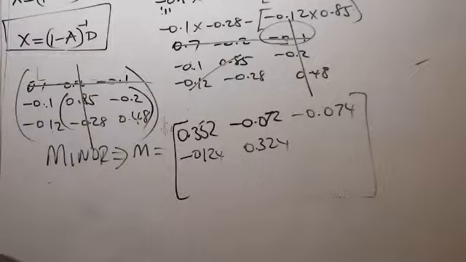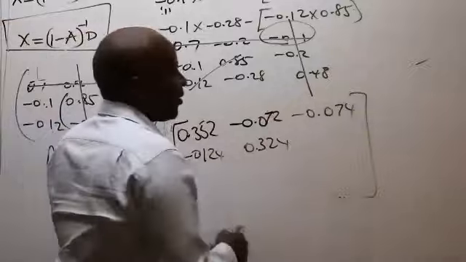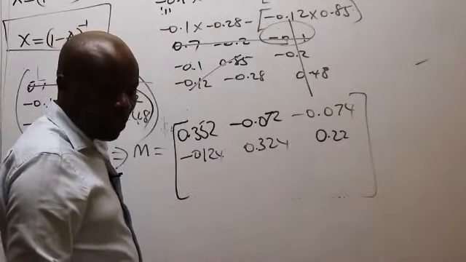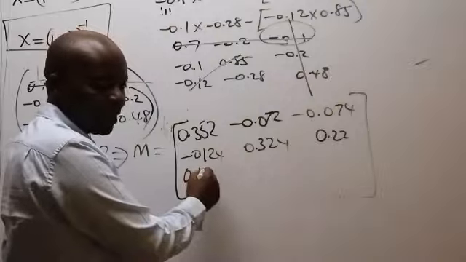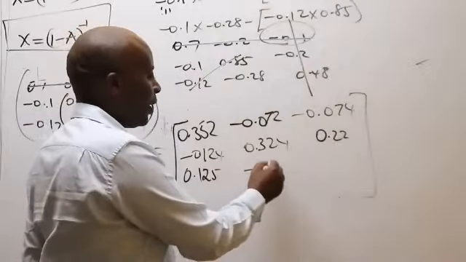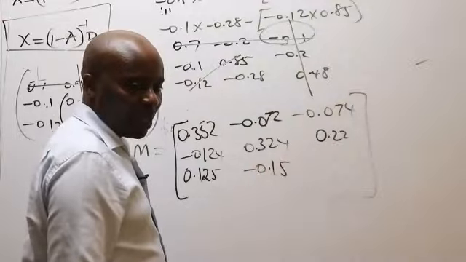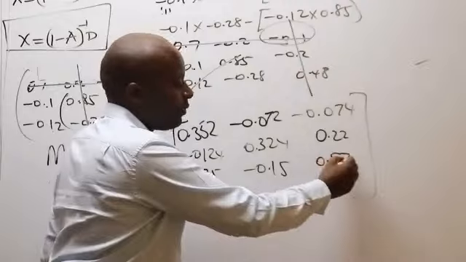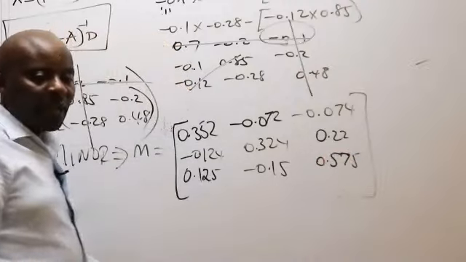The figures we have are 0.124, then 0.324, 0.22, 0.175, 0.125, then negative 0.15, and then 0.5 and 0.575. Those are the minor elements.